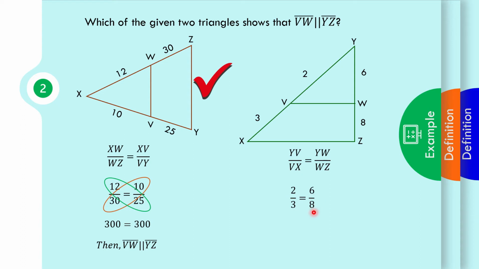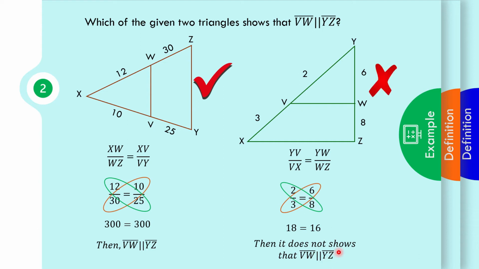So again, let us multiply the means and the extremes, or simply do the cross multiplication. Therefore, 3 times 6 and 2 times 8, which is 18 not equal to 16. Therefore, we can say that it does not show that VW is parallel to YZ. Therefore, the second figure is false.